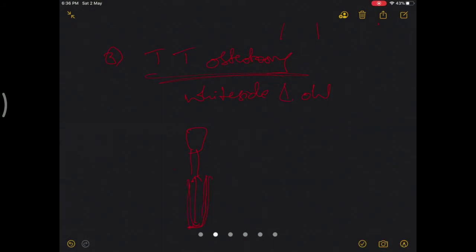Okay, so if this is the proximal tibia, then you start making a slit here for around 8 to 10 centimeters, and you will not dissect on the anterior aspect because that has some vascular connections with the proximal tibia and the periosteum. So you will dissect on the medial aspect.